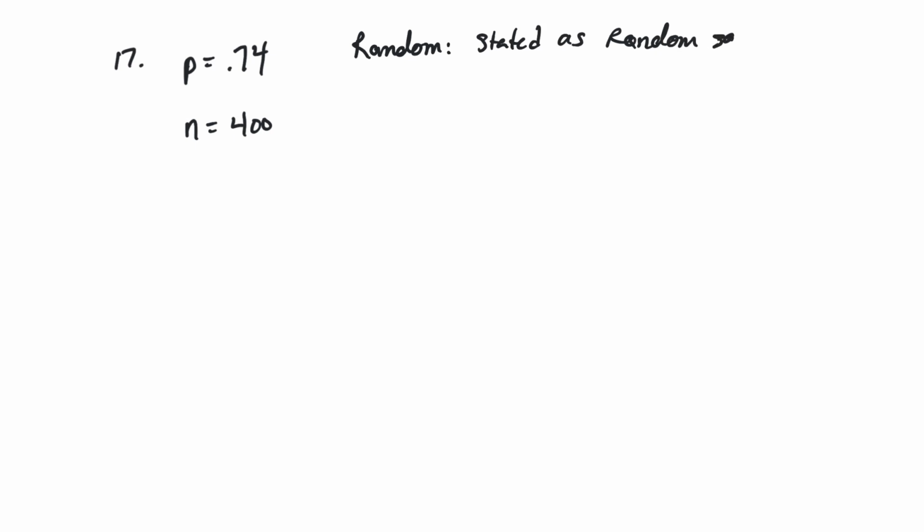Number 17, this is asking us a question about number of students who go back. As freshmen, they go to a school, and then as a sophomore, they go back to the same school. The school retains them. And so there's a 74% of the freshmen that they surveyed from the ACT said they're going to go back to their school that they went to as freshmen, as sophomores.